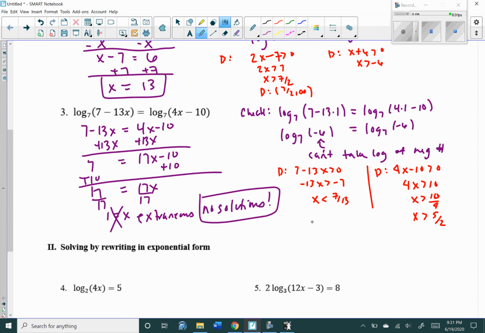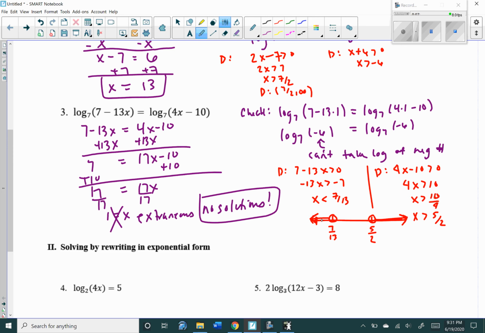Before this, if we were to make a number line, you would see that 7/13 is here. It's about 0.5, and 5 halves would be over here, so 2.5. We have numbers greater than that, which goes this way, and numbers less than this go this way.